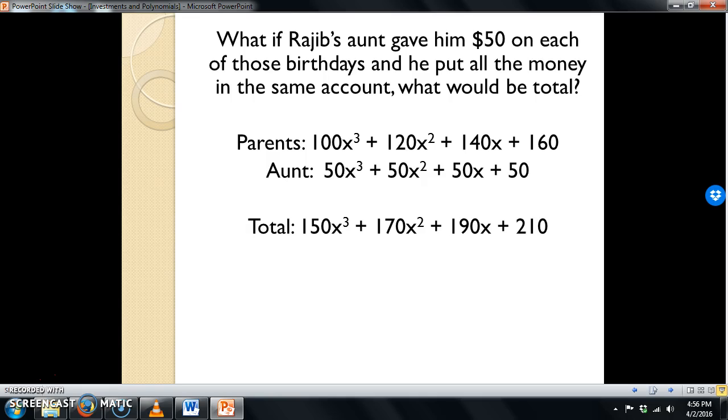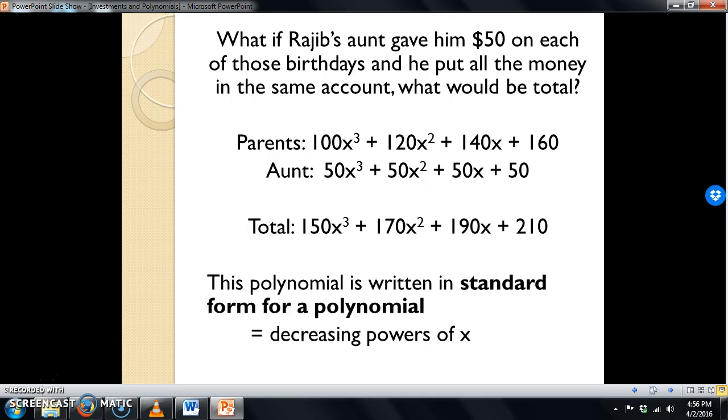That's assuming the scale factor is the same. Another important term is standard form for a polynomial. That's when you write it in decreasing powers of x. You put the 3 first, then the 2, then the 1, and then the constant at the end.